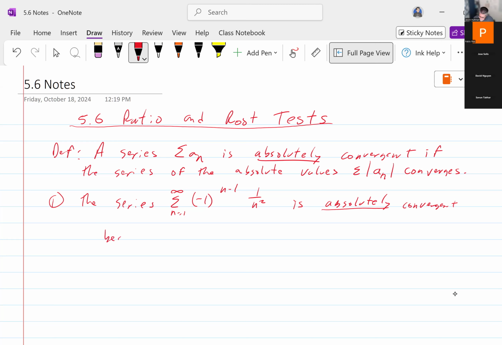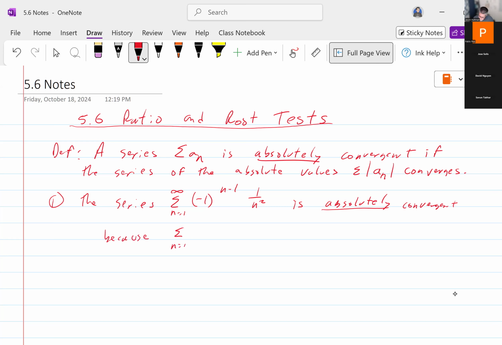Because when I take the absolute value of all the terms, it gets rid of this alternating -1.